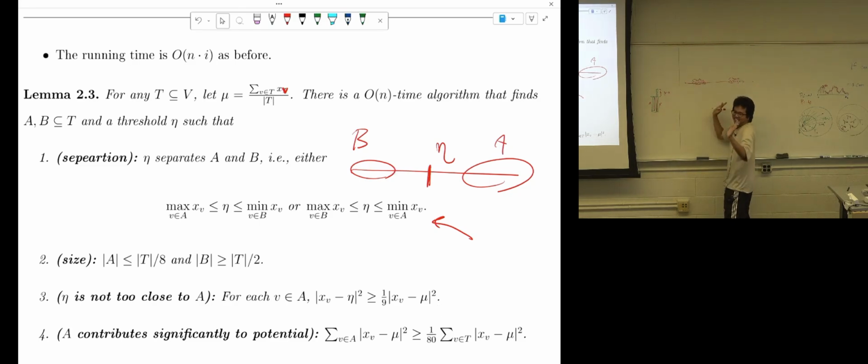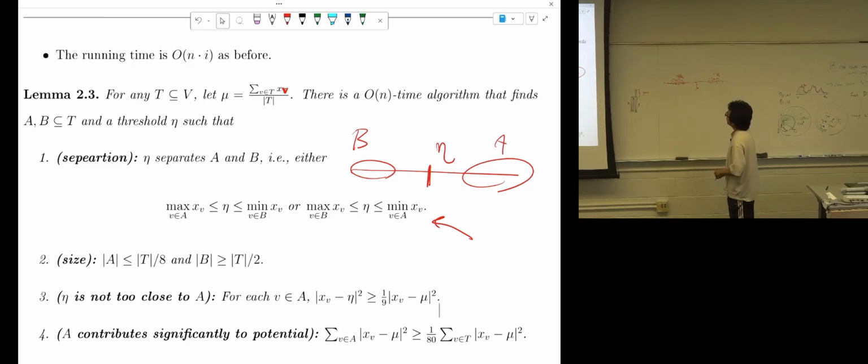Let's say they are symmetric, with t over 2 nodes here and t over 2 nodes here, and then this would be the mean.